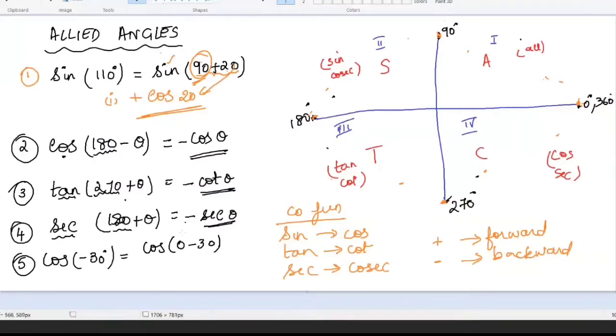Now check which quadrant. 0 means you are here. 0 plus means move to the first quadrant. 0 minus means reverse gear, where you go to the fourth quadrant. In the fourth quadrant, is this function positive? Yes, it is. So write the sign plus. Next, check whether 0 lies on the standing line or sleeping line. Sleeping line. Should I change to cofunction? No. So cos remains cos only, and then this 30. Cos 30, I know the answer, root 3 by 2. If I know the answer, I will write it. Otherwise, you just write that angle.